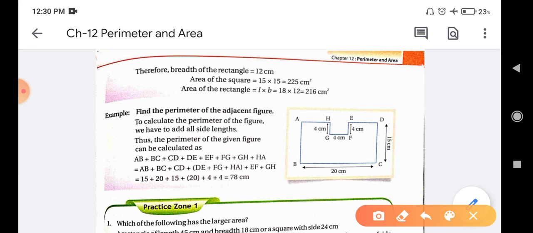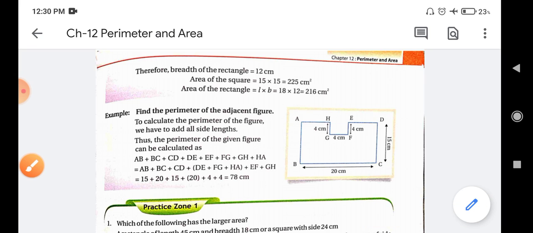If DC is 15 centimeter, then AB will also be 15 centimeter because they are opposite. These two sides are unknown, AH and ED. If BC is 20 centimeter, then this full side will also be 20 centimeter, but HE is not given here.